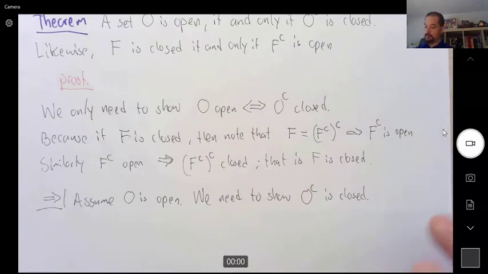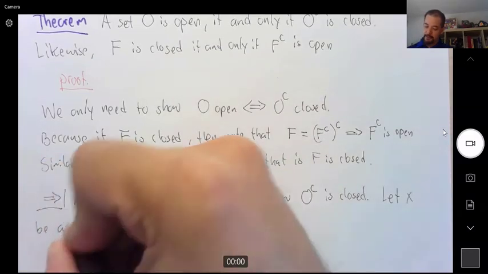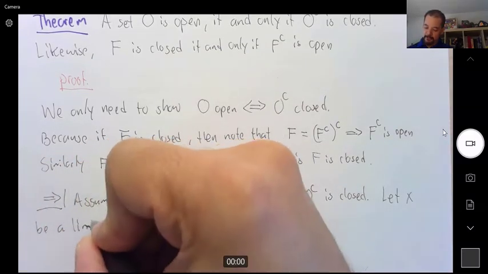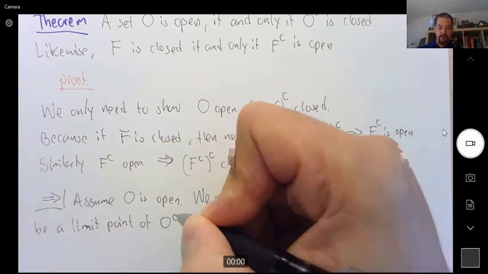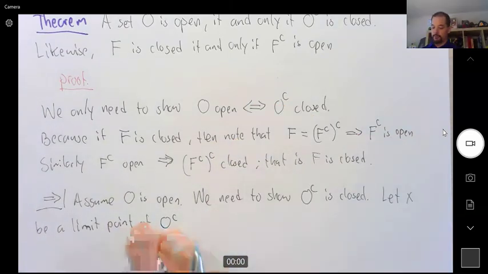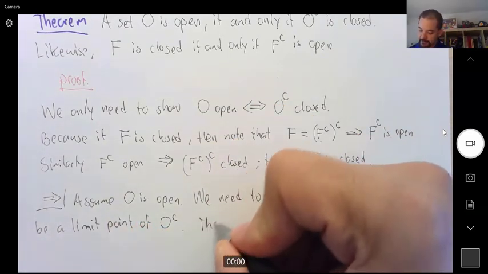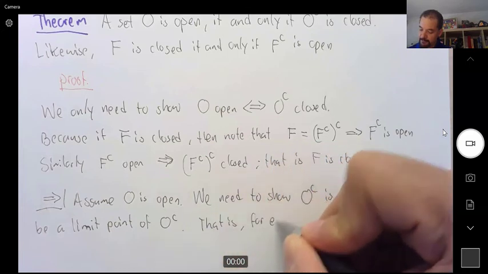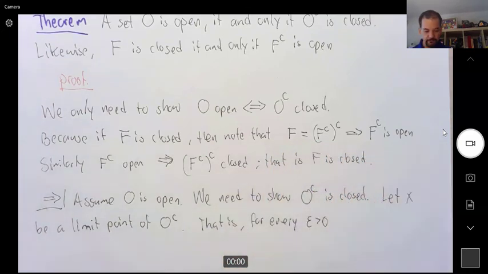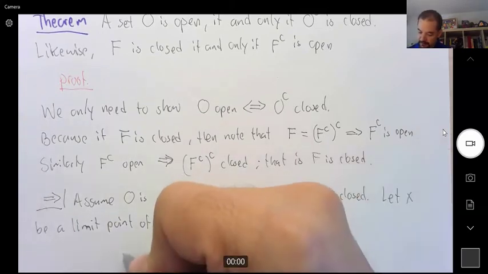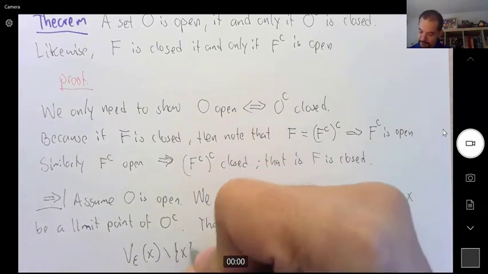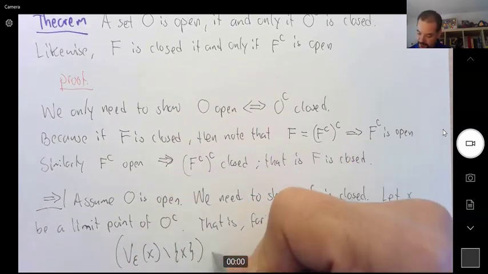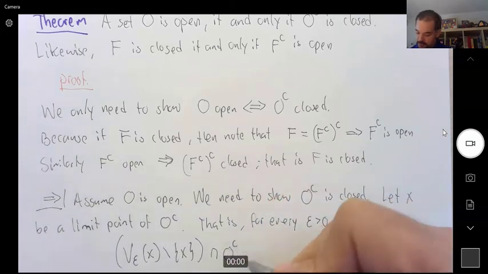So how do we do that? We pick a limit point in O complement. Let X be a limit point of O complement. What is the meaning of being a limit point of O complement? That is, for every epsilon, this happens: the epsilon neighborhood centered at X, take away X, intersection O complement is not empty.